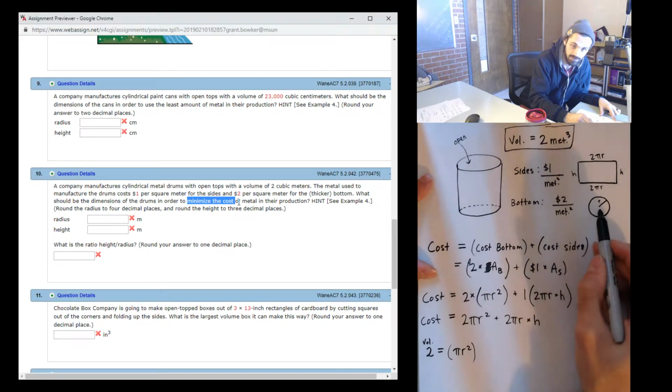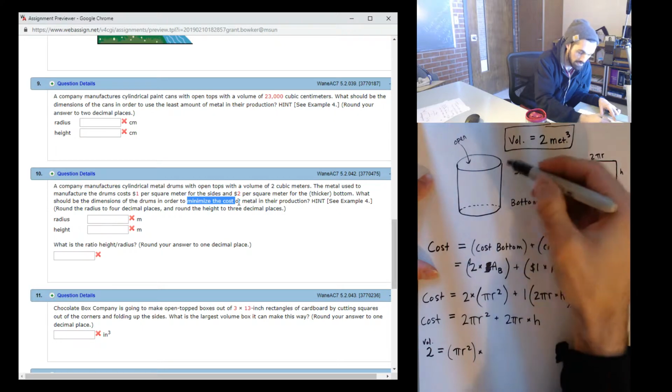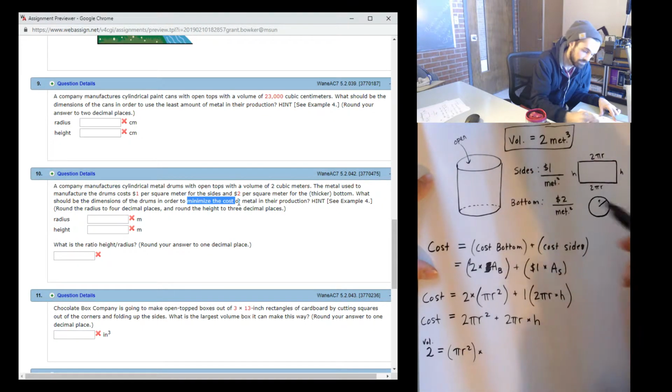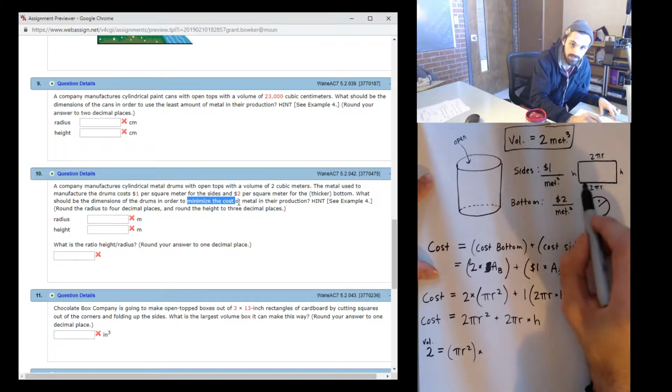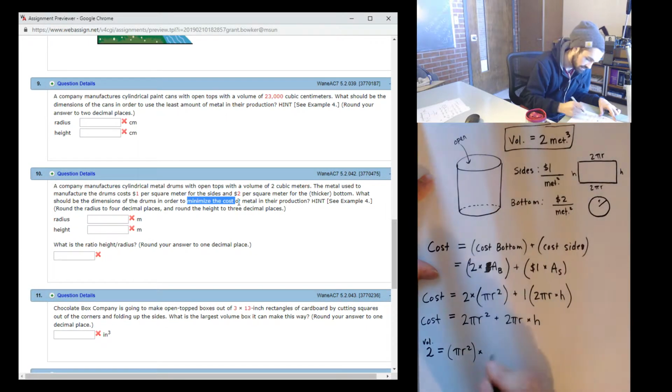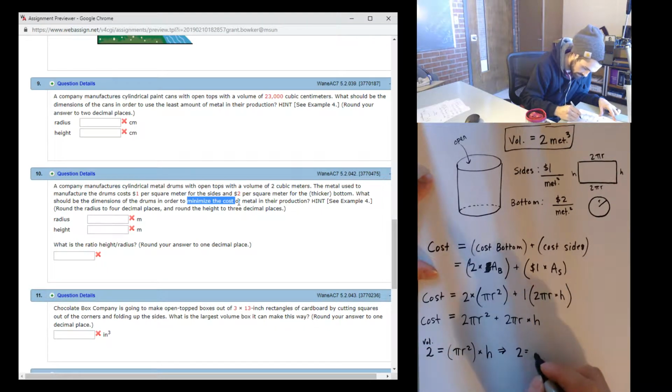It's the area of the circle multiplied by the height of the cylinder, which is h, from this description of the side. h would be the height. So 2 is h times pi r squared.